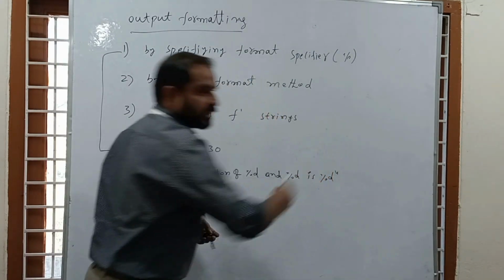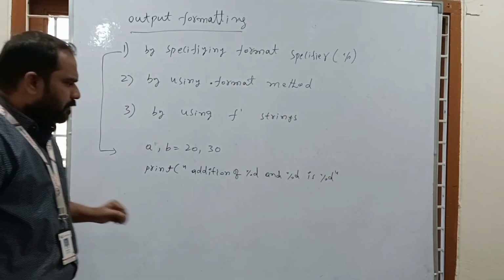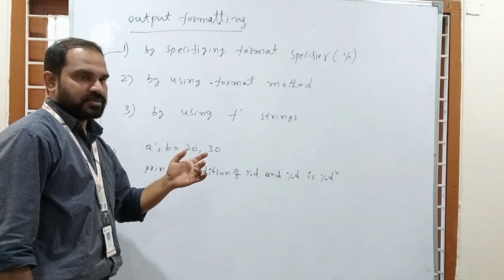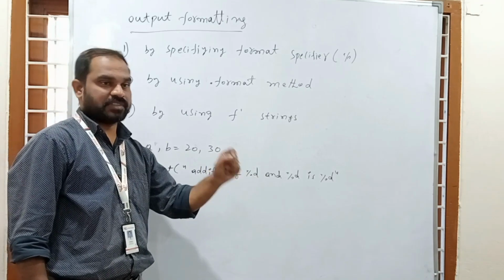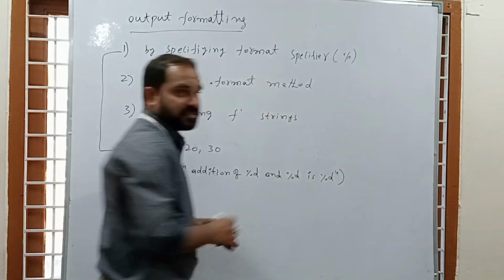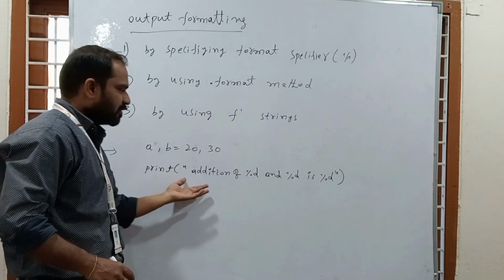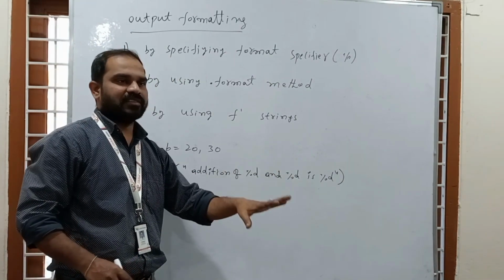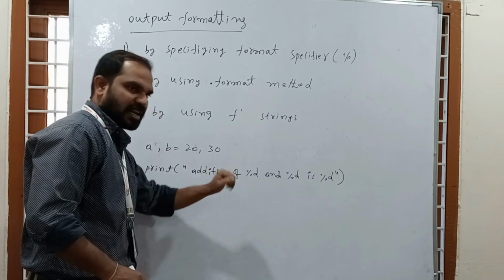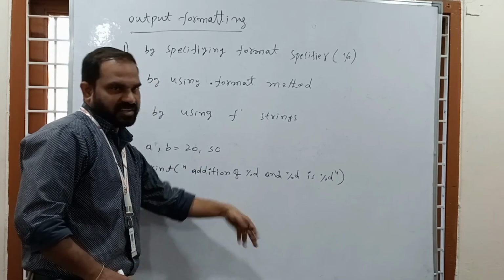I will end the string here. If we end this print statement here itself, then whatever you have written inside the quotes will get printed on the screen as it is. In the place of percent, percent will get printed, in the place of d, d will get printed.